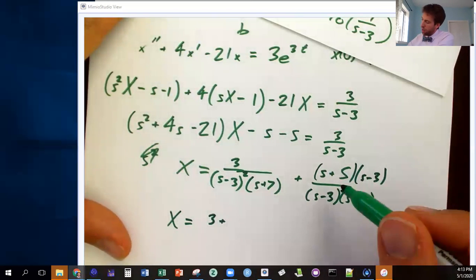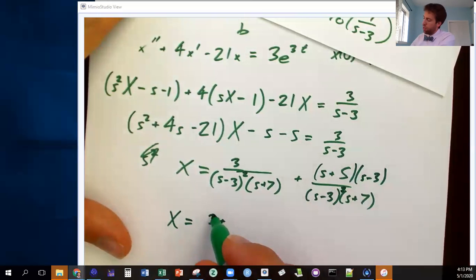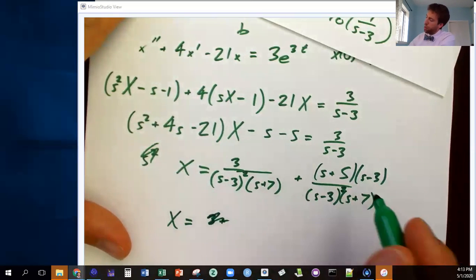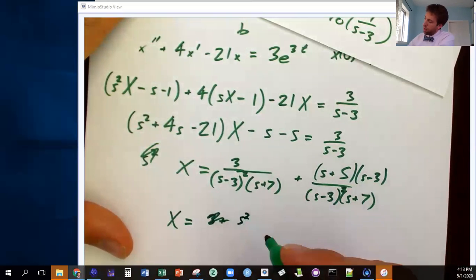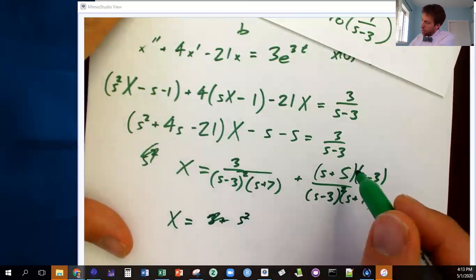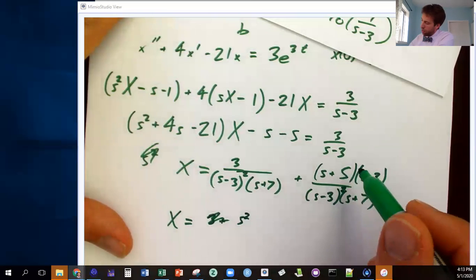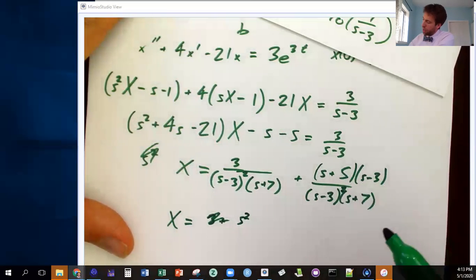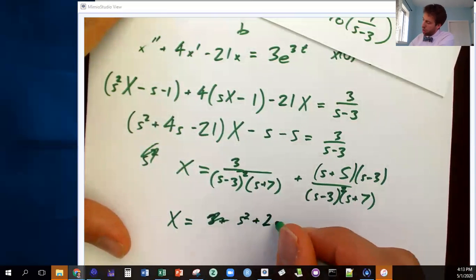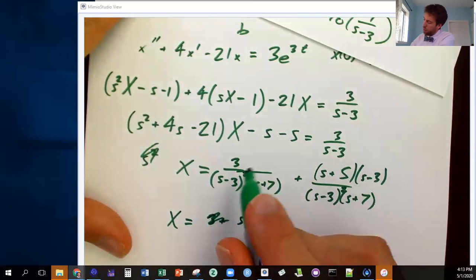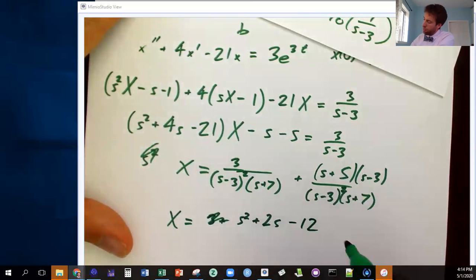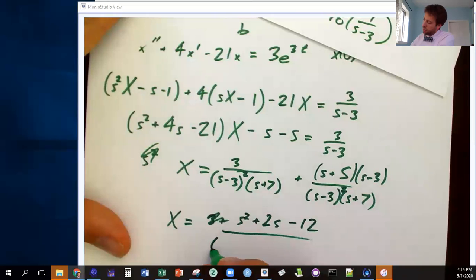And so then I've got, you know what, let's just do it all at once. I'm feeling spry. All right, so how many s squareds? I have 1 s squared. How many regular s terms? I've got 5s minus 3s, so plus 2s. What number? Minus 15, but plus 3, so minus 12. All over s minus 3 squared times s plus 7.